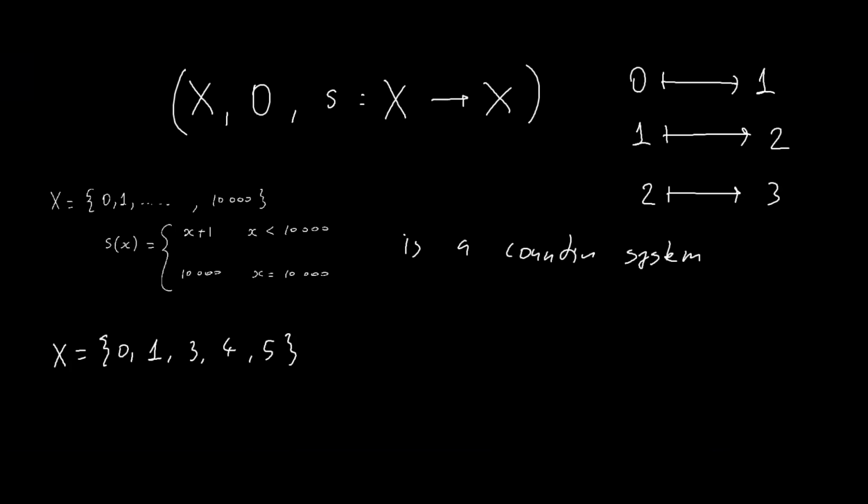So there, S of X is equal to X plus 1 when X is less than 5, and it's kind of modular counting, right? It's equal to 0 when X is equal to 5.